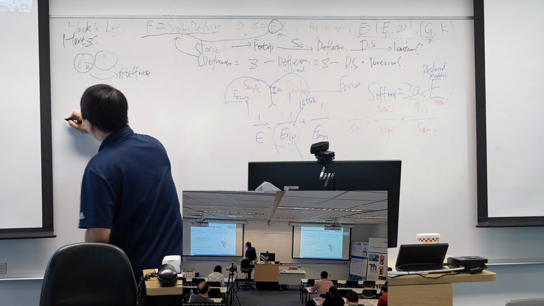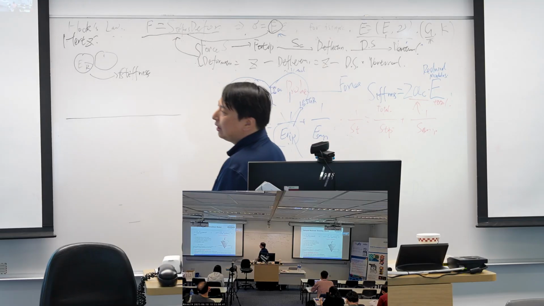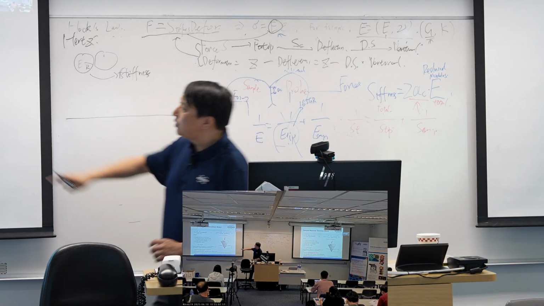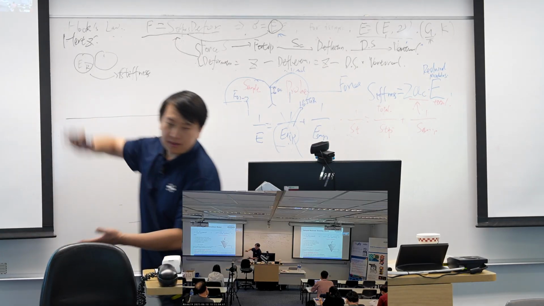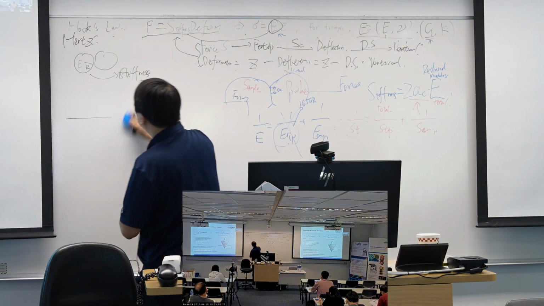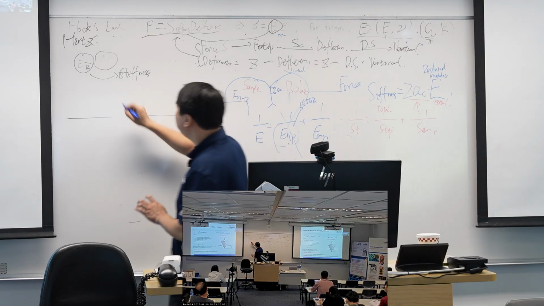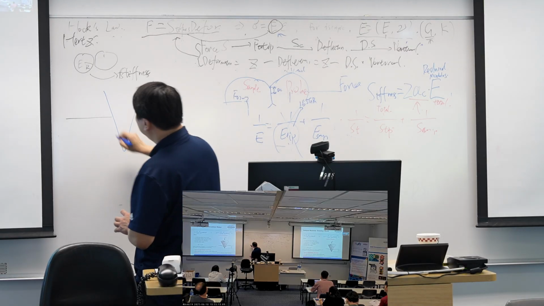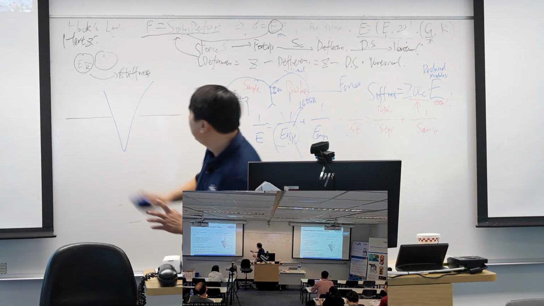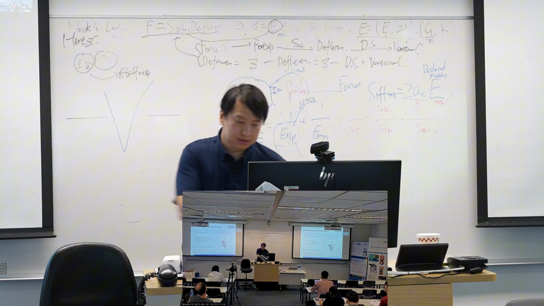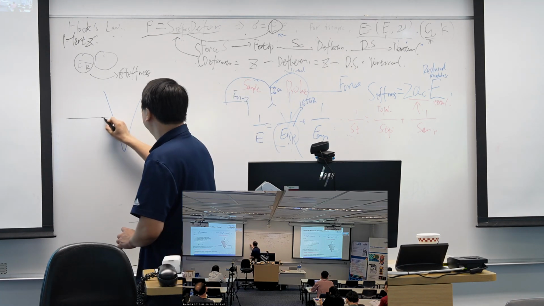So he thinks about, that's my sample. And then I use a cone to penetrate my sample. So the contact area will be something like this.